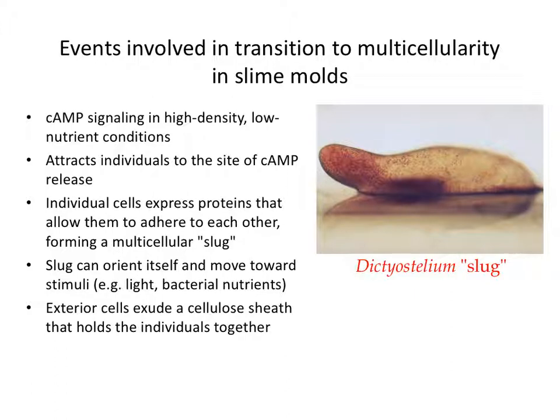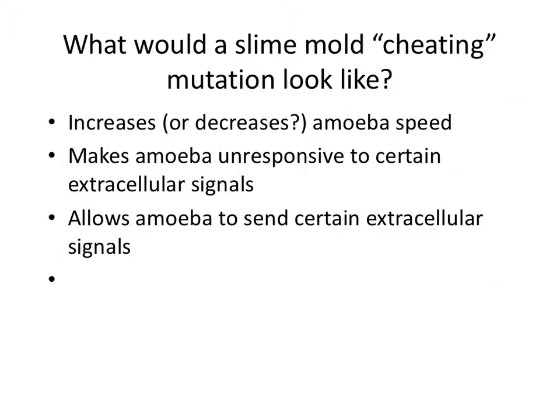Aside from the fact that the cells on the outside of the slug produce cellulose, the cells in the tip or the head of the slug already are fated to a particular outcome. And that is, the tip cells are the ones that may become the spores. So even in the slug phase, you can already predict which cells are going to be the gametes and which ones are going to be the stalk. It's like the slug has already decided which cells are going to pass on their genes to the next generation and which ones are going to become somatic tissues.